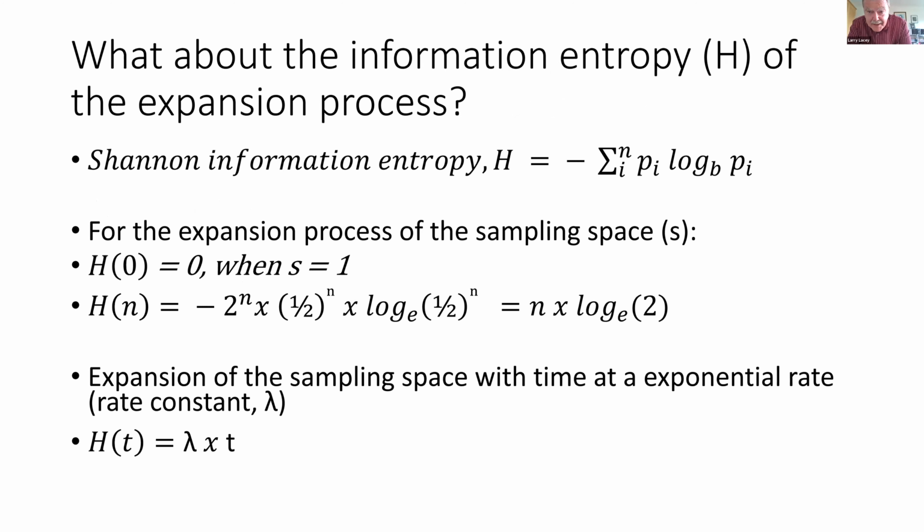So what about the information entropy? I'm using the Shannon measure of information entropy, the equation given. It's just simply substituting in the equation above. And you can see that for this process, the information entropy, where n is the number of doublings of the sampling space, is n times log 2.